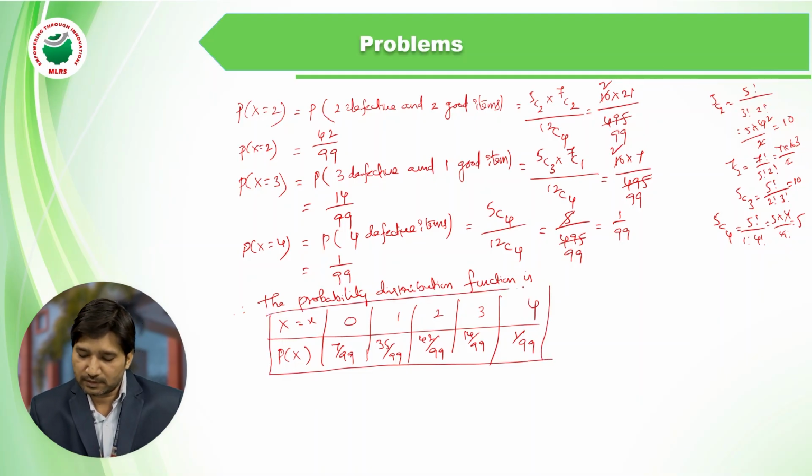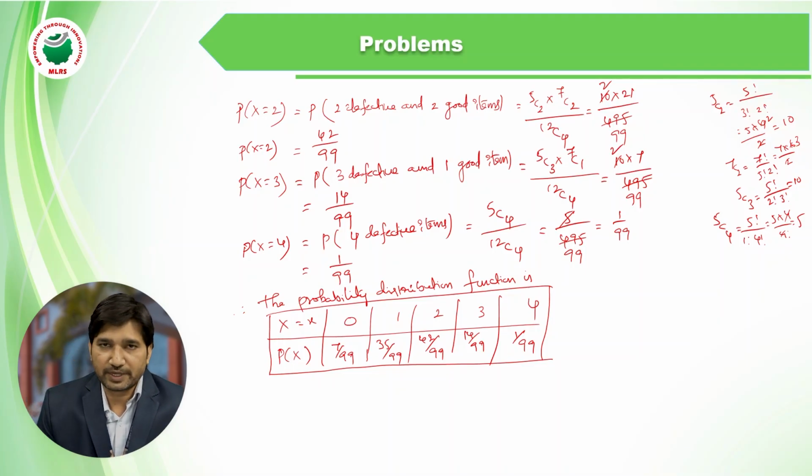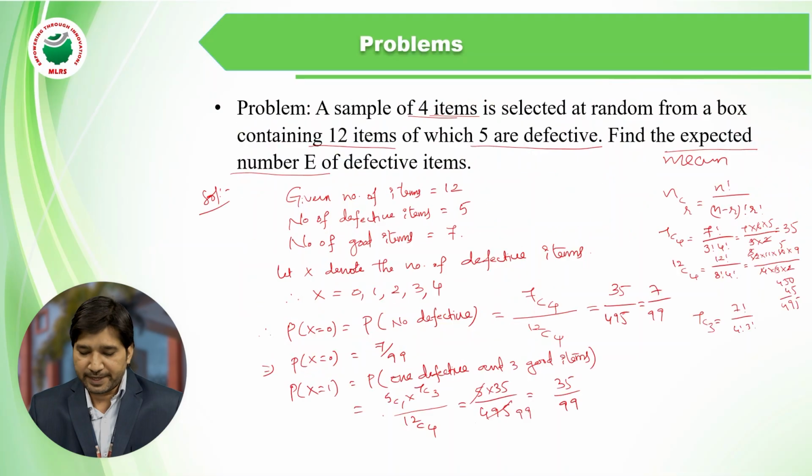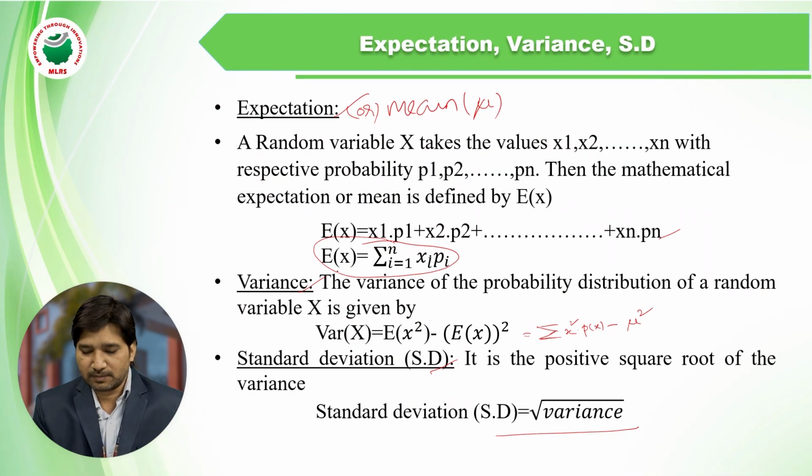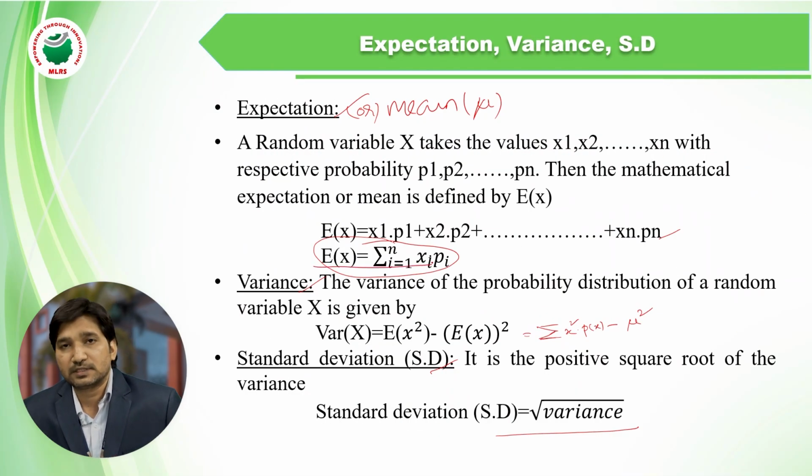Okay, so when you find the probability distribution function, you can easily calculate the mean or expectation of the number of defective items. Already we know the expectation formula: E of X equal to sigma x_i into P of x_i. X is the variable, P of X is the probability.